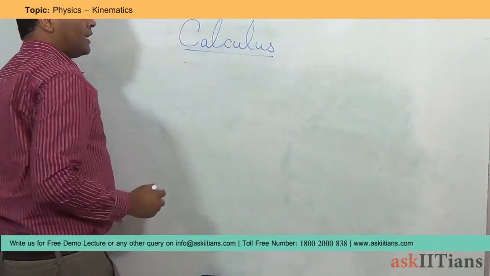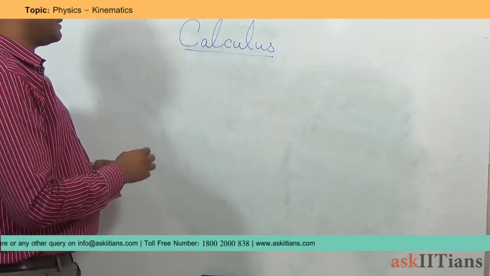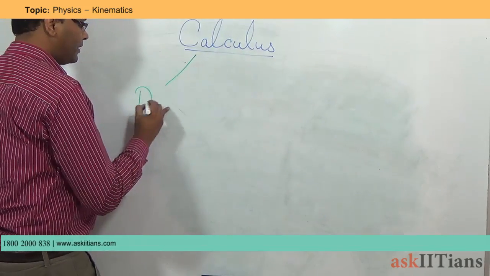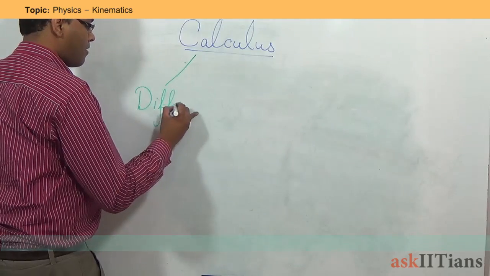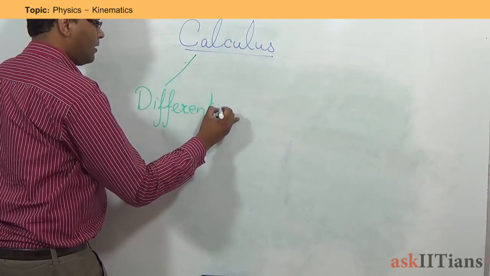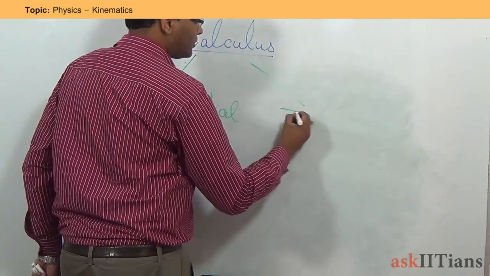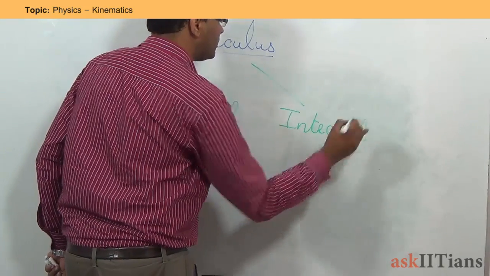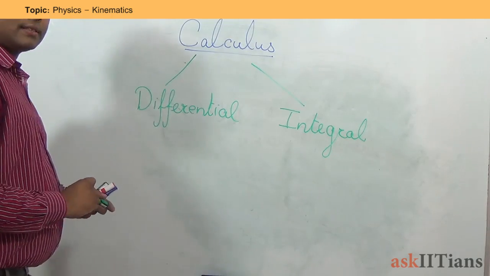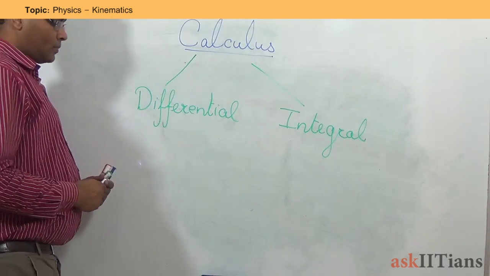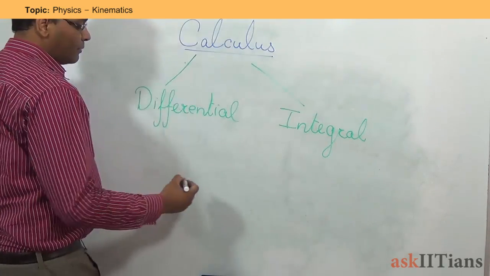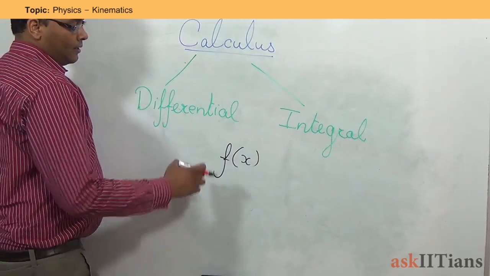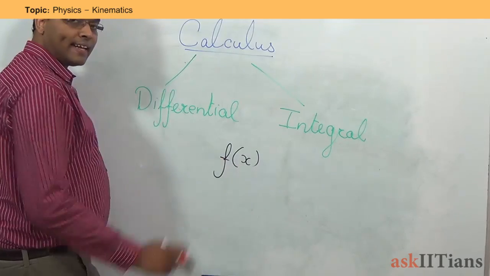Okay. Now in calculus we have basically two types. One is known as differential and the other one is known as integral. What is the difference? Supposing you are given a particular function f(x), where the function has the argument x.